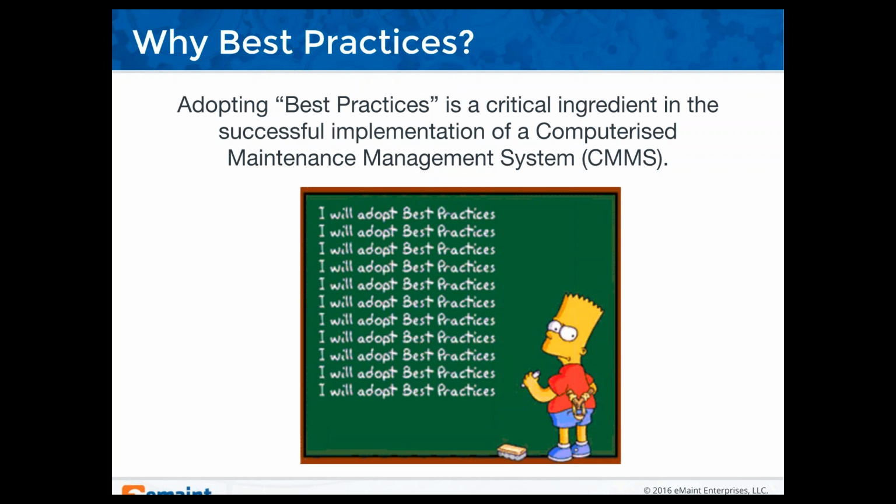So some of those useful best practices and standards are ISO 14224, 55000, some of the SMRP reports and guidelines, and ISO 9000 from a quality perspective. So just in terms of setting the scene, that gives us a general flavor.